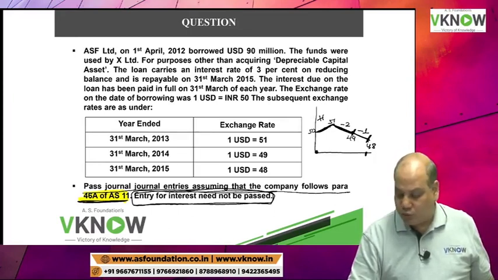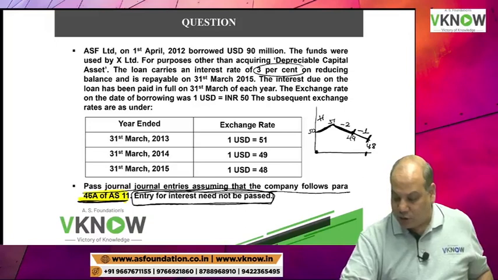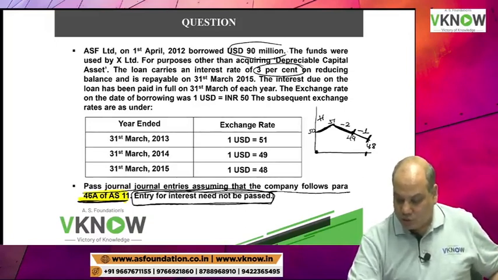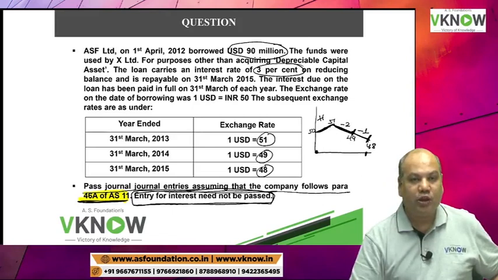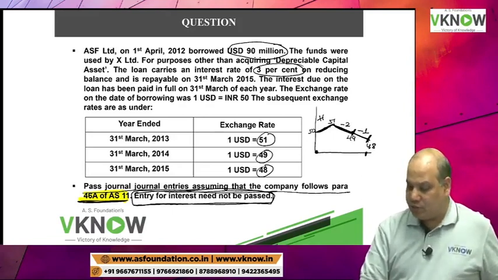Otherwise, in the exam, you will have to pass entry for interest also. Interest rate is 3%. Loan is $90 million. And these are the rates of exchange which you will apply to calculate the interest. Okay. So is everybody ready with the question?